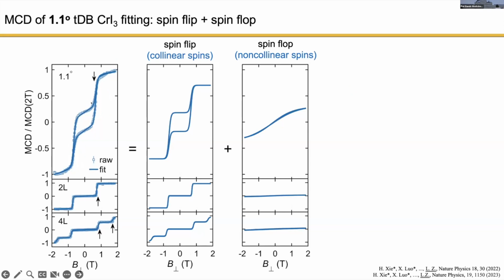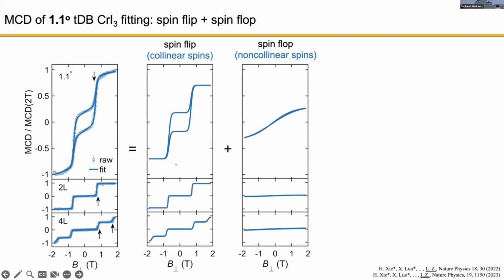So here, the raw data is split into the two parts that we were describing. The first part is a collinear spin contribution, and the second part is a spin flop process. For the spin flop process, we attribute it to the non-collinear spins. To make a contrast between the twisted sample and the natural sample, we plot the two contributions for bilayer and four layer below here.